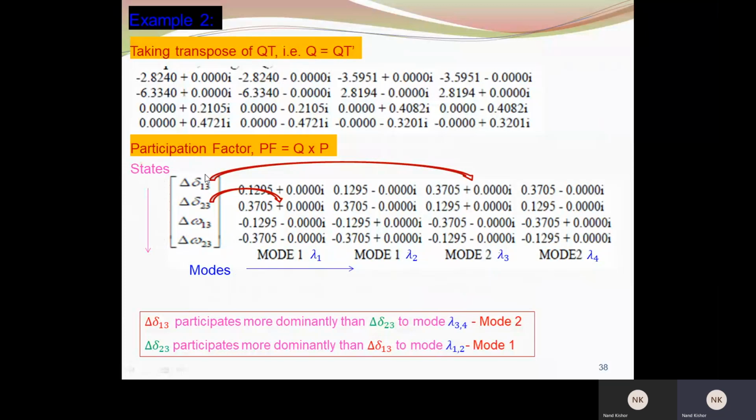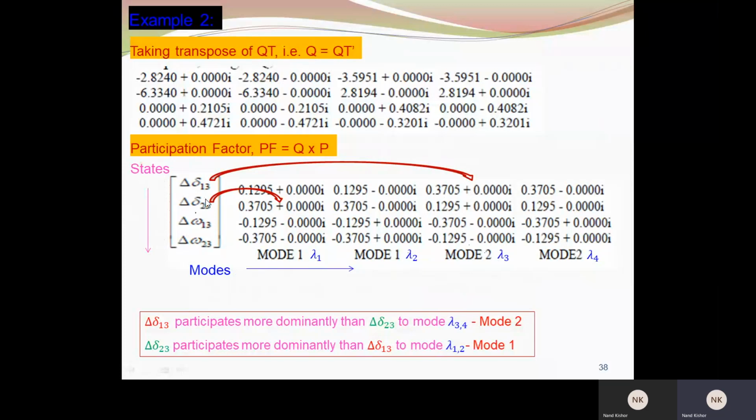So this state variable will participate dominantly in this mode, mode 2 here, that is lambda 3. Similarly, this state variable has this real part and this real part.